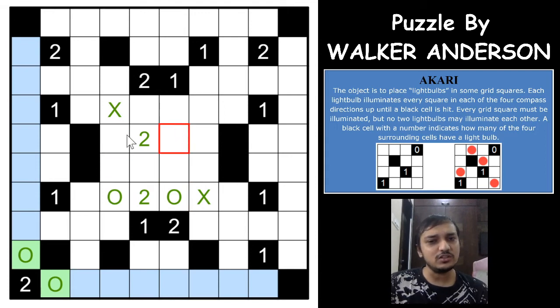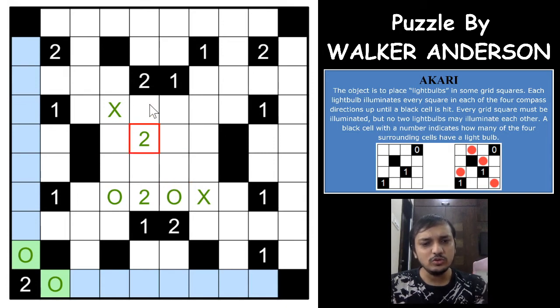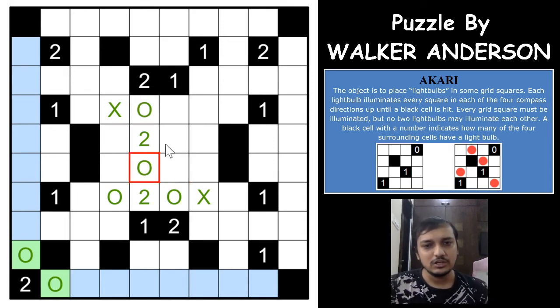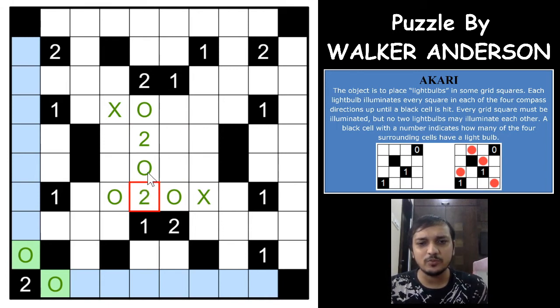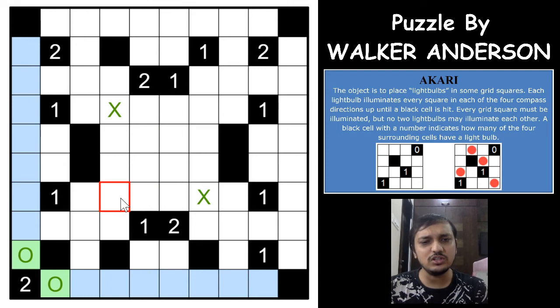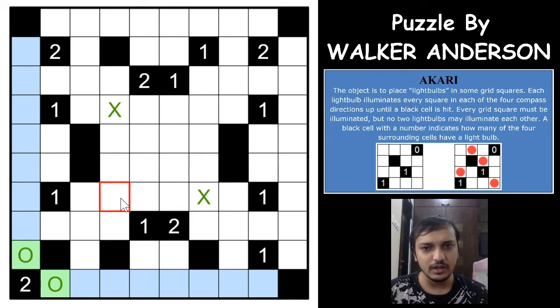Both of these cells get cancelled out for the light bulbs, as light bulbs cannot see each other, and then for these 2, both of these will be the light bulbs. So this 2 gets contradicted because it has 3 light bulbs now. It can have only 2 exactly, and it has 3 now. So you will surely have to see the interaction between the clues to place the light bulbs easily, right?